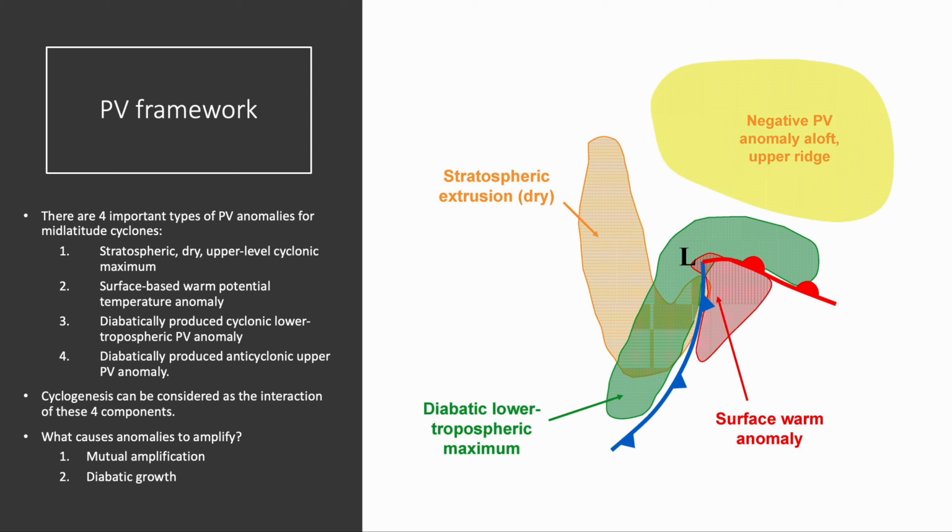And here we can see sort of a schematic of the different regions of PV that we observe in a cyclone. This is the low-level low that is associated with the cyclone, the warm front, which is characteristic of the cyclone, and the cold front over here. And here we have different regions of various levels of PV.